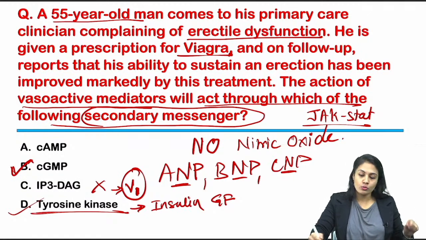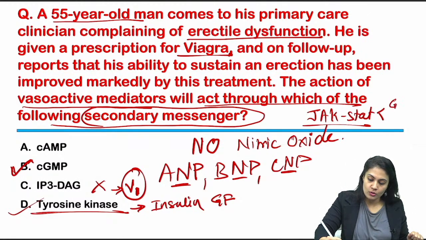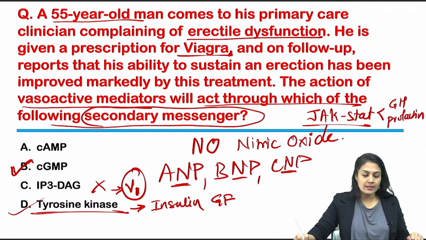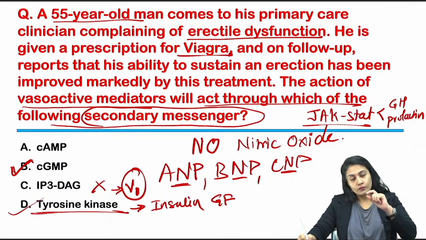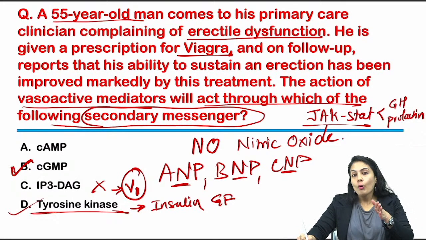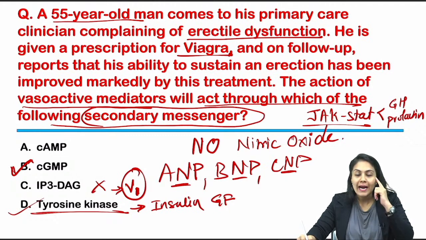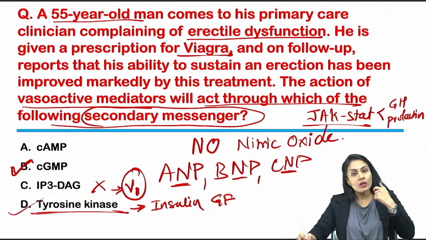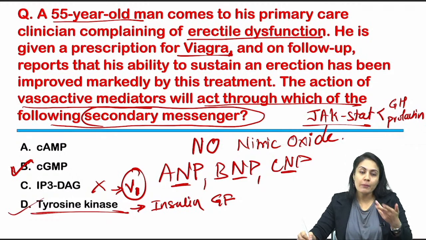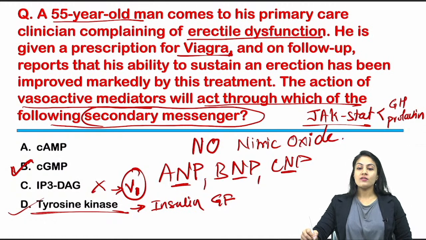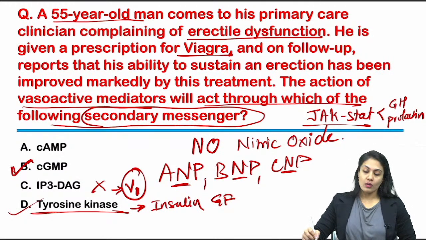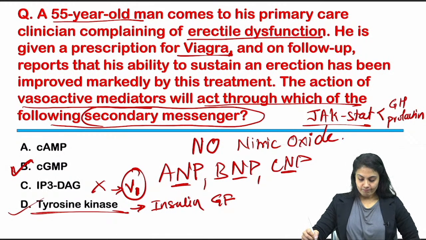Through that we have two hormones, growth hormone and prolactin. These two are known as twin hormones because their action is similar, and both are released from acidophilic cells of the anterior pituitary. Both are released from the same type of cell, and their pathway is the same, the JAK STAT pathway, and that's why we call them twin hormones.